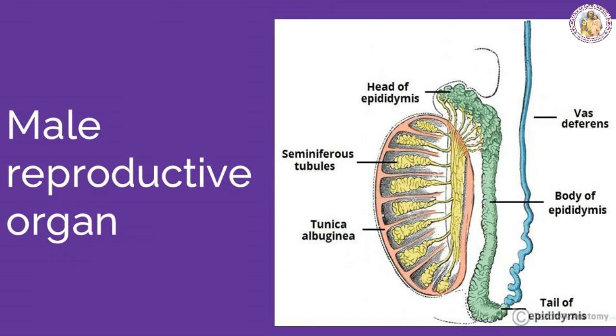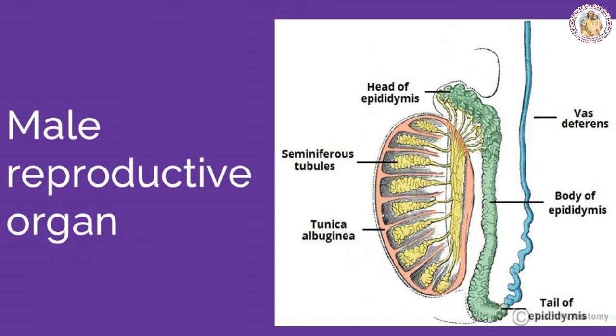Many septa from the layer divide the testis into pyramidal lobes. The process of spermatogenesis takes place in the seminiferous tubules. Sertoli cells are supporting cells and provide nutrition to the developing sperms.